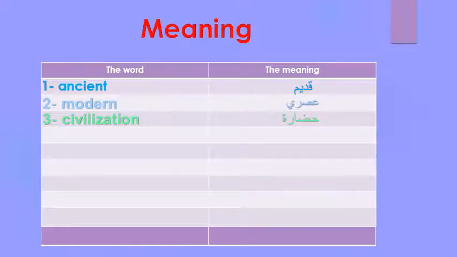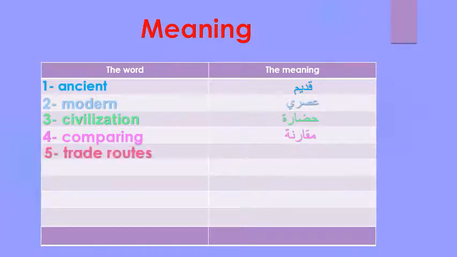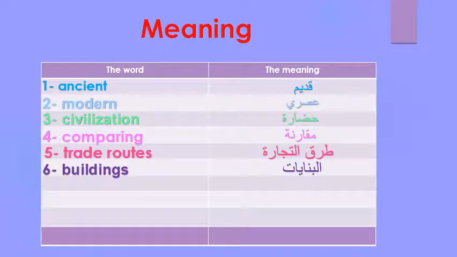civilization, and it means حضارة. Number 4, comparing, and it means المقارنة. Number 5 trade routes, and it means طرق التجارة. Number 6 buildings, and it means البنايات.